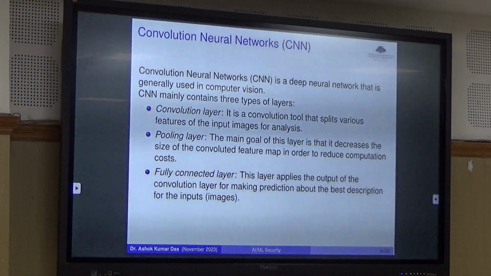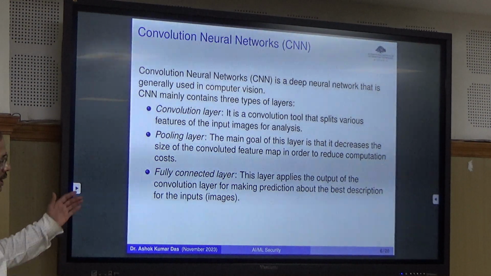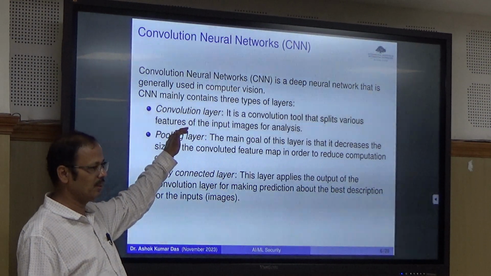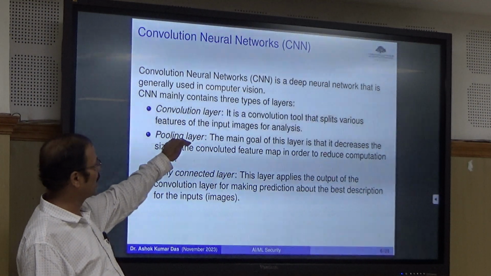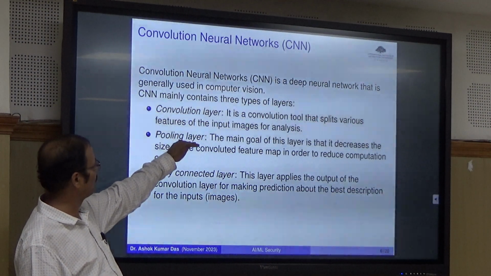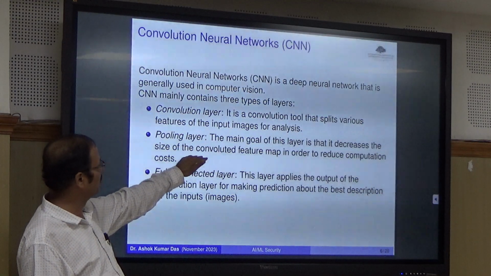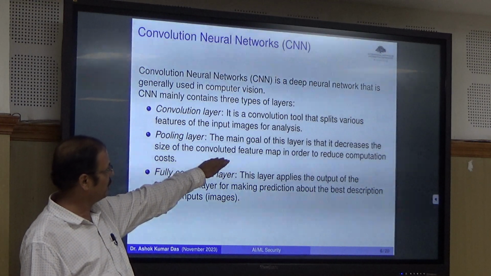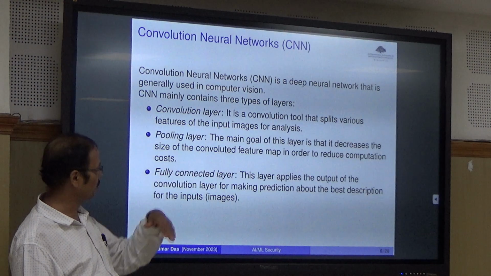As a case study, we have used the CNN, the convolutional neural network. It has three kinds of layers. The convolution layers read the various features of the input image or input data. Then the pooling layer reduces the computation cost, the size of the convoluted features.